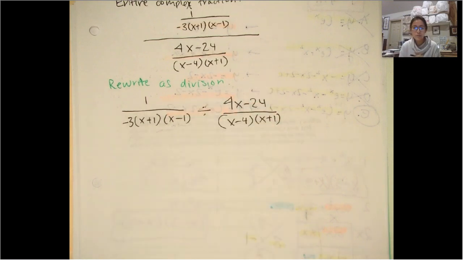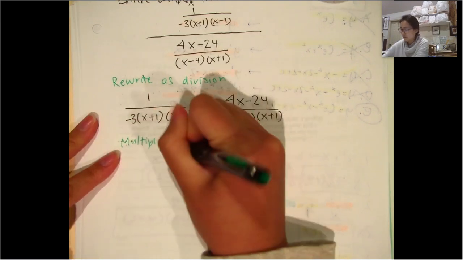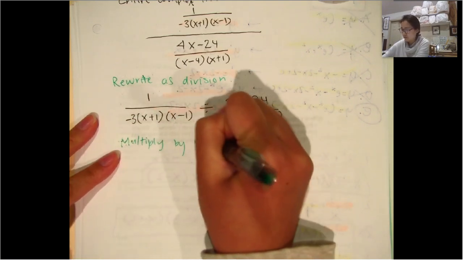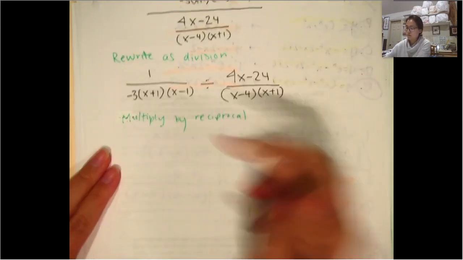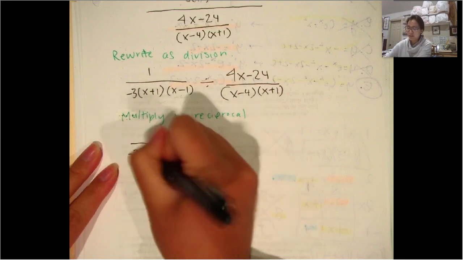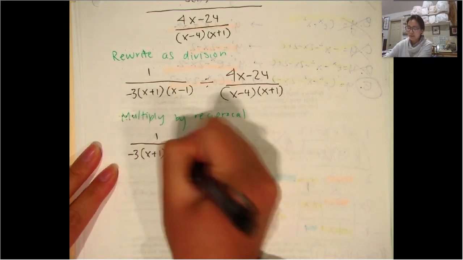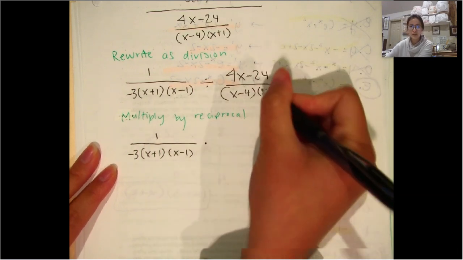And as you probably remember from our multiplying and dividing from before, when you're dividing, that's the same as multiplying by the reciprocal. So multiplying by the reciprocal. So we have 1 over negative 3 times x plus 1 times x minus 1 times, and then we're going to flip this because that's how you find a reciprocal.